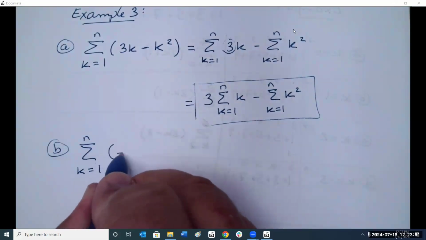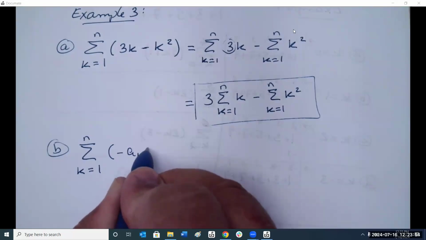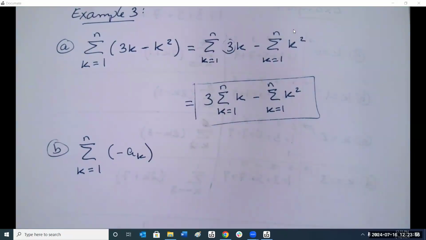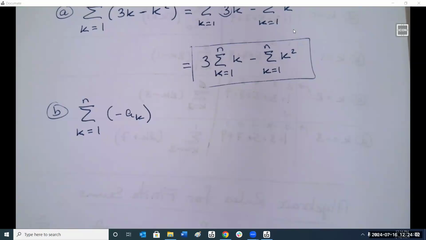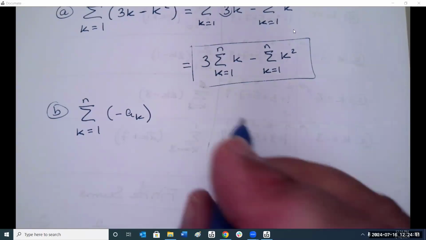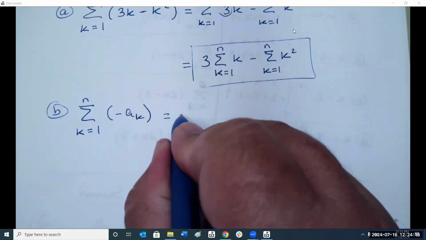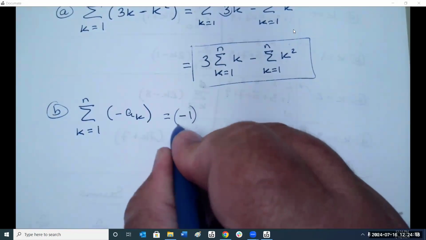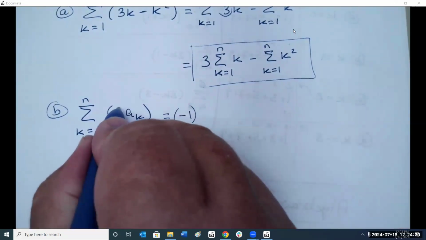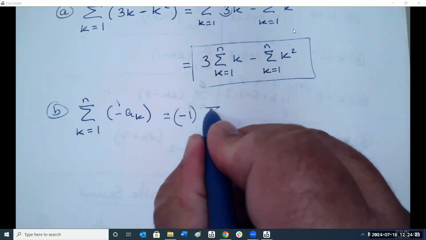The summation of negative a sub k. Which rule do you think we're going to use here? Yep, it's a constant multiple. Very good. Because what we have here is a negative 1. This negative goes out front, it's a negative 1.